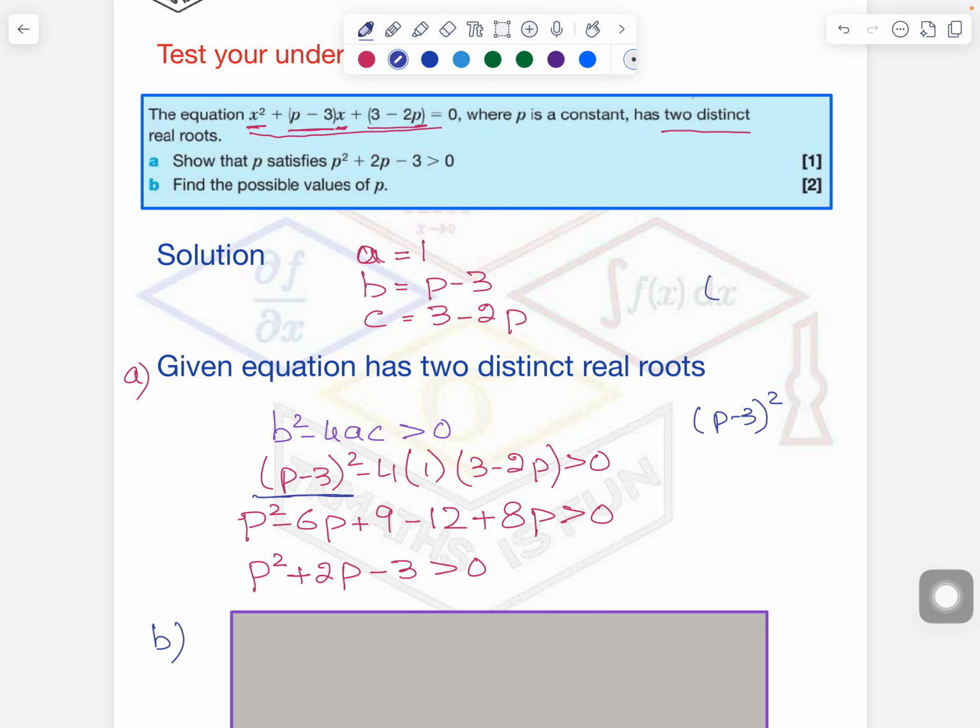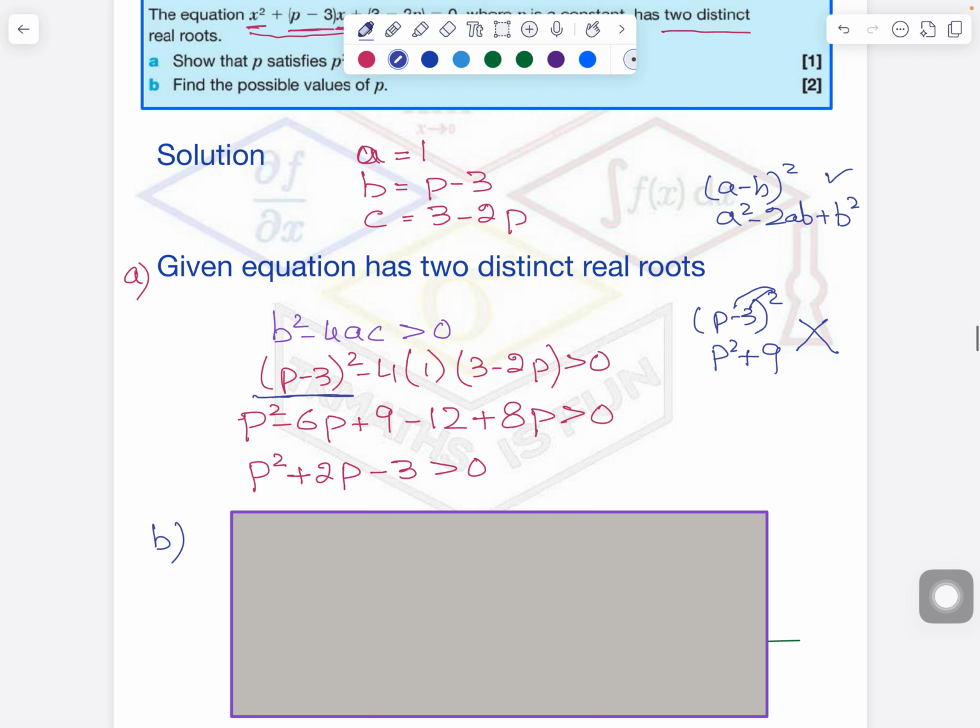Mostly students forget to apply the identity, the expansion of the bracket. Rather, it is written like this in most cases. Simply square is applied to both. Please avoid such mistakes. Don't forget, when you have two terms, binomial terms, and you have a power, you have to expand it algebraically, right? So once you get this, you get a quadratic inequality.